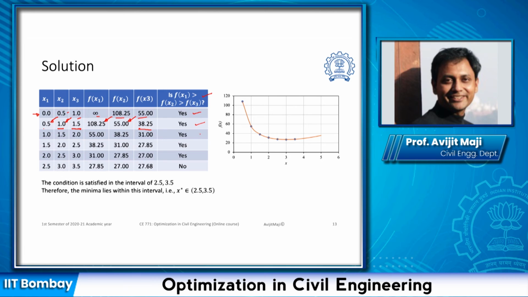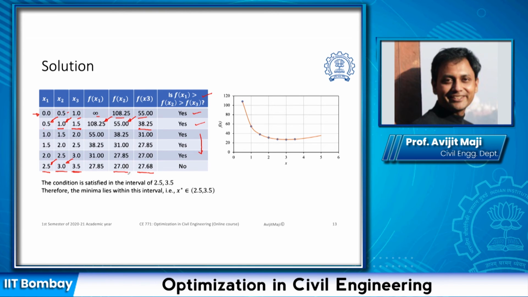The process keeps on moving till we reach a point. At this point you will see that once we find our new x1 is this, new x2 is this, and the new x3 is this point. At this point my function value is going to be 27.68, which is higher than the function value at the x2 point.